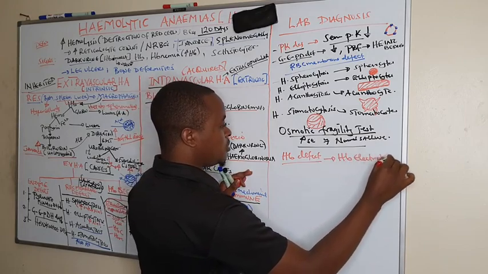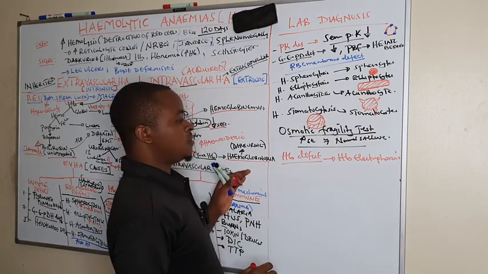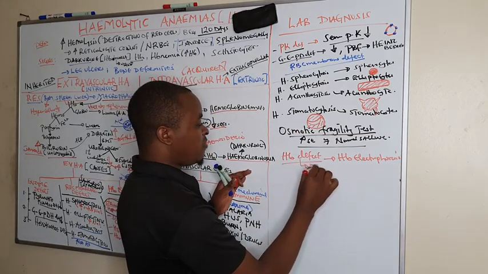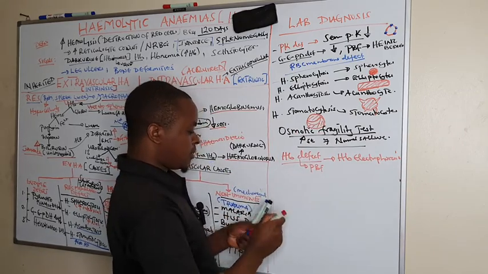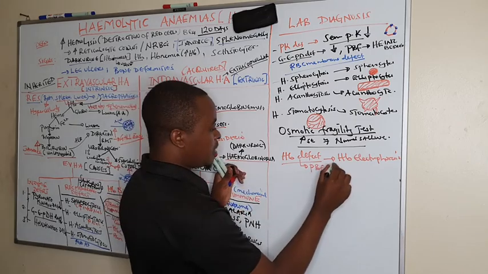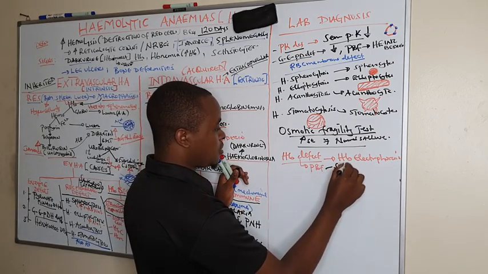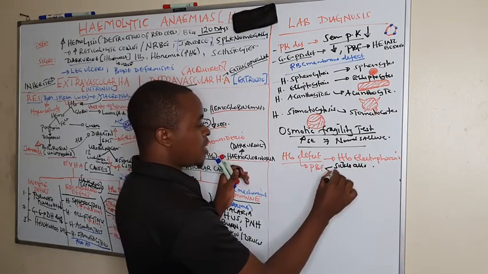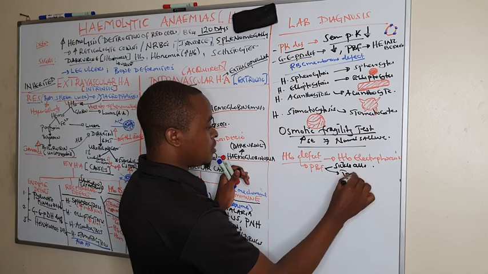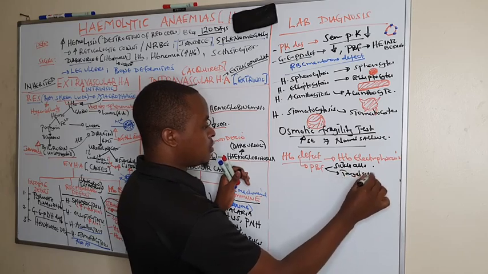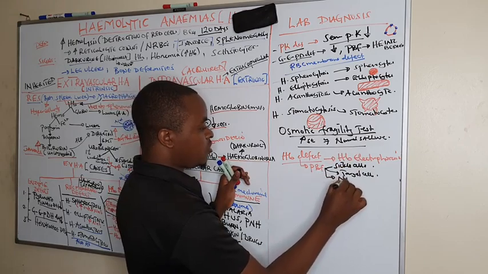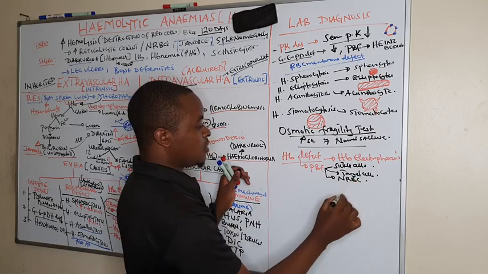We do HB electrophoresis to confirm. We can do a peripheral thin film. If it is sickle cell, we are looking for the presence of sickle cells, or you can call them drepanocytes. If it is a thalassemia, we are looking for target cells, and so forth, and still not forgetting presence of nucleated RBCs.